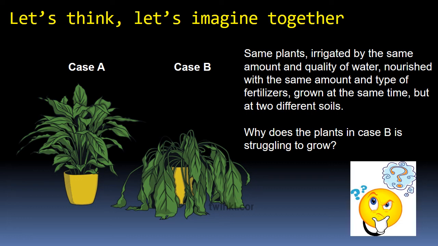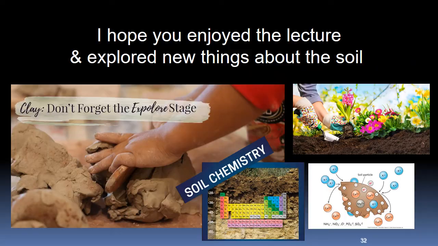And not only that, because of the low CEC, we are irrigating the same amount and quality of water, but soil A needs to be irrigated, for example, every 3 days, whereas soil B, because it has a very low CEC and a lower surface area, can lose the nutrients and the water easily, and therefore you have to add water more frequently.